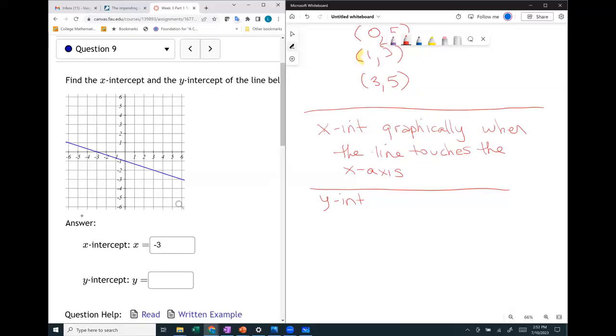Yes, it touches at -1. Okay, so the y-intercept graphically is when the line touches the y-axis.